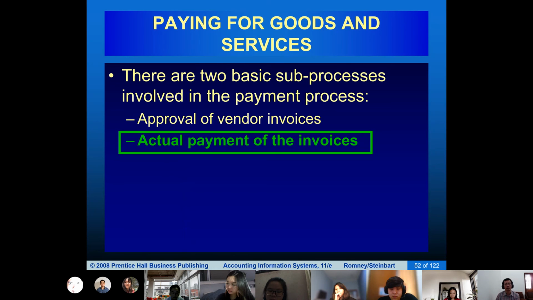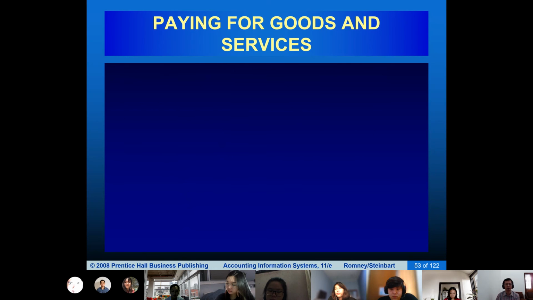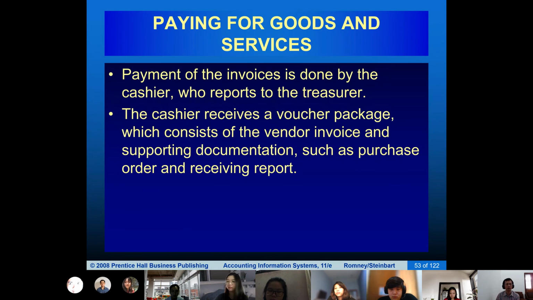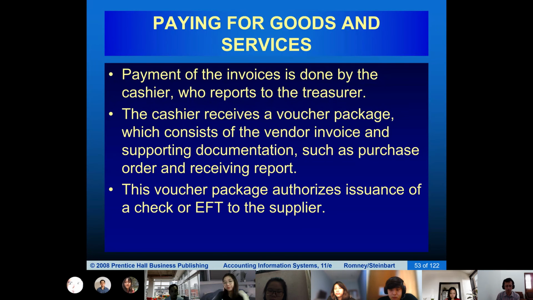Okay. Second, actual payment of the invoice. This is done by the cashier. So the invoice along with the purchase order and also the receiving report will go to the cashier, and the cashier will be paying that invoice. Again, the cashier needs to check whether the invoice matches the receiving report and also matches the purchase order.